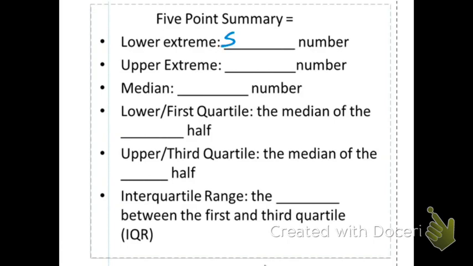Smallest. It's the smallest number. That's easy. And for the upper extreme, which is also called the maximum, it's the biggest number. You can put largest, biggest, I think it means the same.